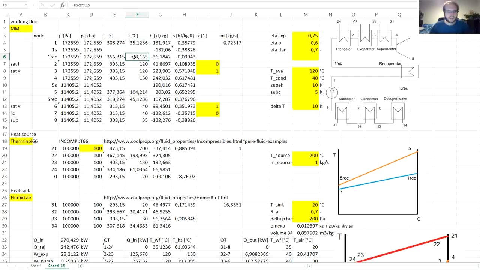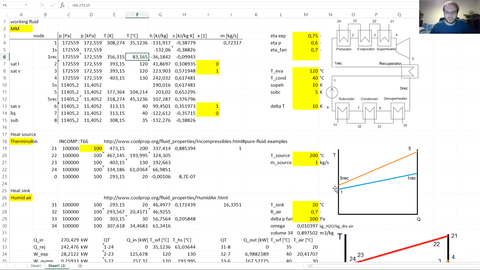And we can see that by adding the recuperator, the working fluid can be heated up from 35 degrees C from cold state after the pump to 83 degrees C already before it enters the preheater. And also you can see that 83 is more than 10 degrees C lower than the 104.